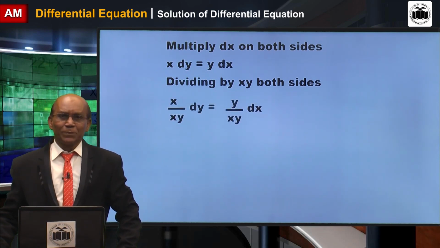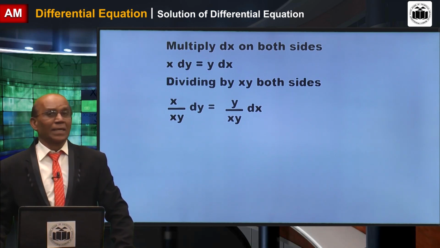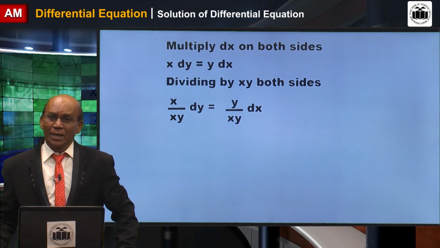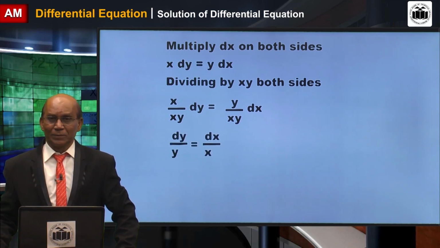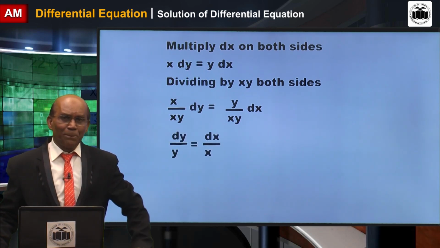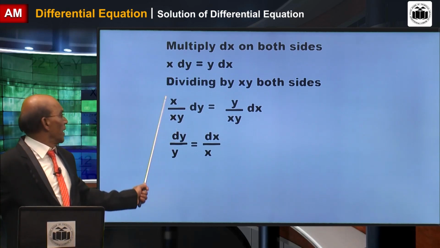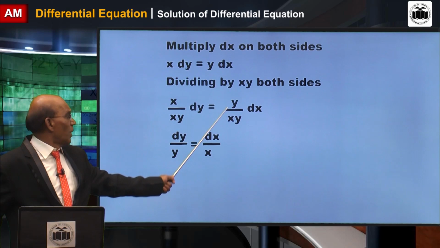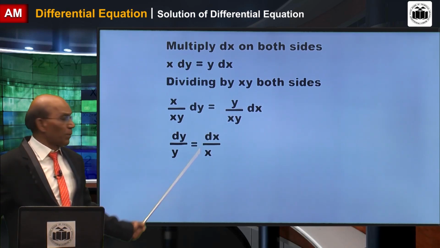The division is specifically written as x upon xy dy equals y upon xy dx. Now, from the upper term, x gets cancelled, so the remaining term is dy upon y, and on the right y upon xy dx becomes dx upon x.